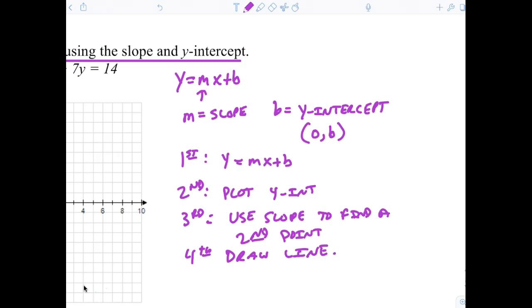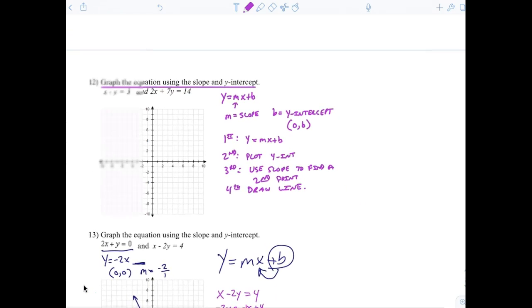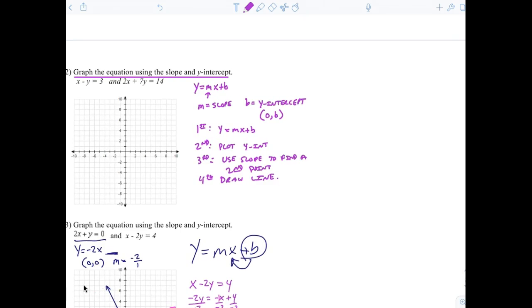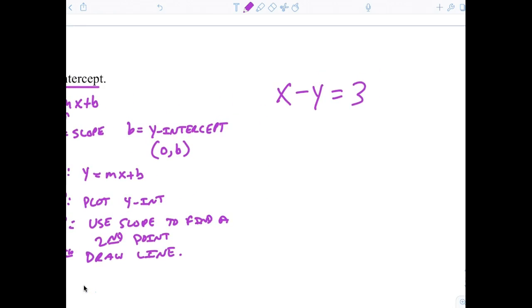Now I'm going to look at the equation x minus y equals 3. Does everybody see that? Do I have it in the right format? The answer is no, because it's not y equals. Is everybody good with that? So now I need to move the x to the other side. If I move the x to the other side, it becomes what?